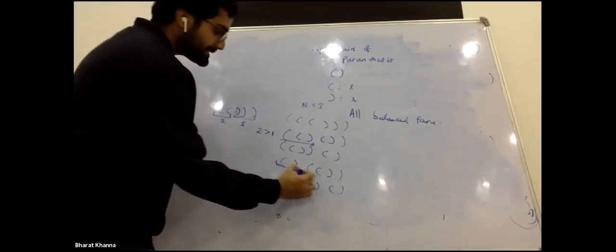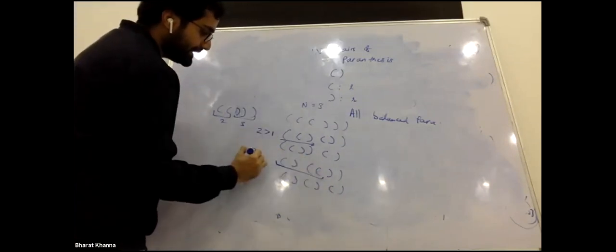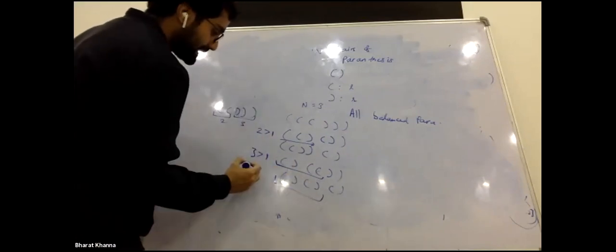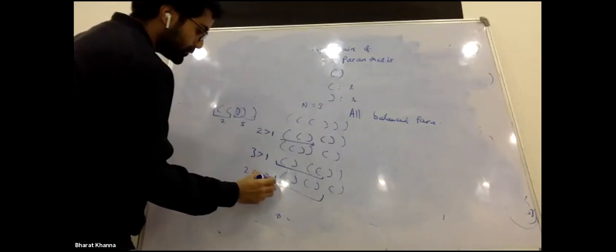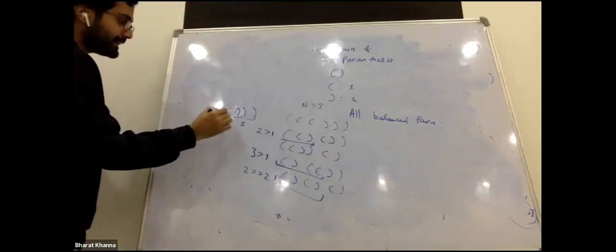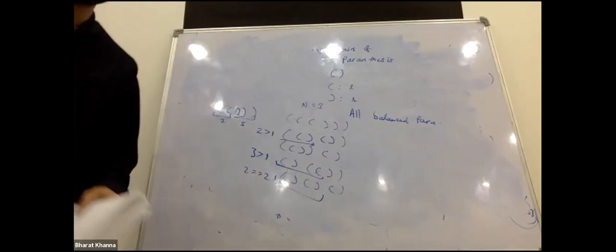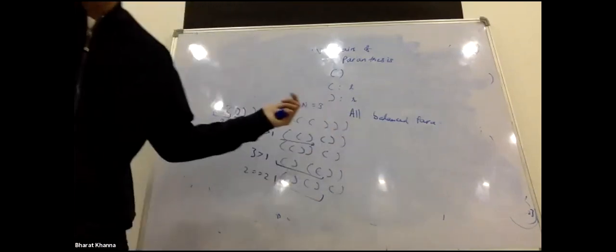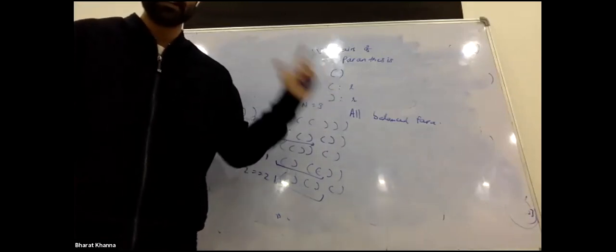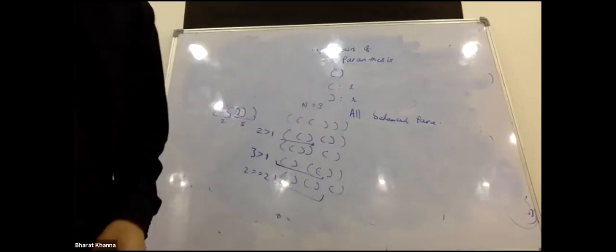If you consider this, left brackets are 3 and right is 1, 3 is greater than 1. If you consider this, both are the same, 2 is equal to 2. It can never happen that the number of left brackets becomes smaller than the number of right brackets. Is that clear? How many of you understood the properties of a balanced parenthesis?